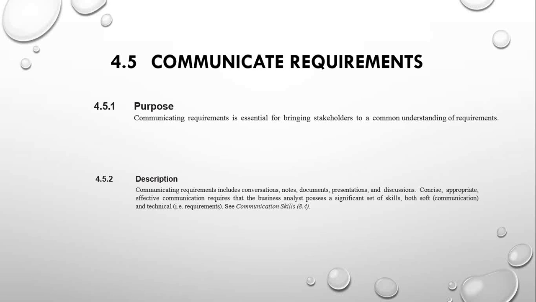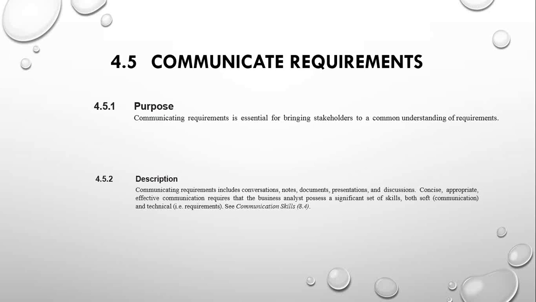Now, the last topic in this chapter on requirement management and communication is communication requirement. What is the purpose of it? Why do we do that? The communication requirement is important to have a very clear and common understanding with the stakeholders. That means whatever one person says, everyone has the same level of understanding.